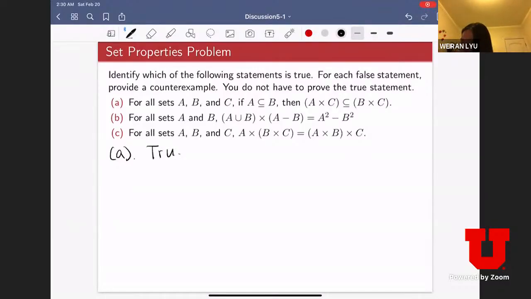You cannot find a counterexample for part A. Because A is always a subset of B, and then you just use the cross product to multiply another set, no matter what the set is, A cross C will always be a subset of B cross C.